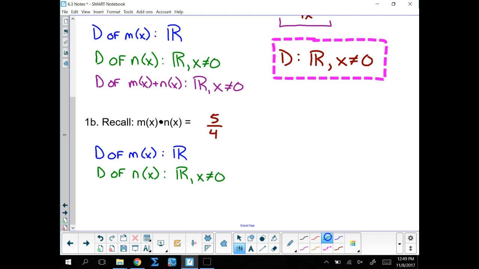But now, what's the domain here of my new function? So what's the domain of this one? Can 4 ever be 0? No, so that one's all reals.